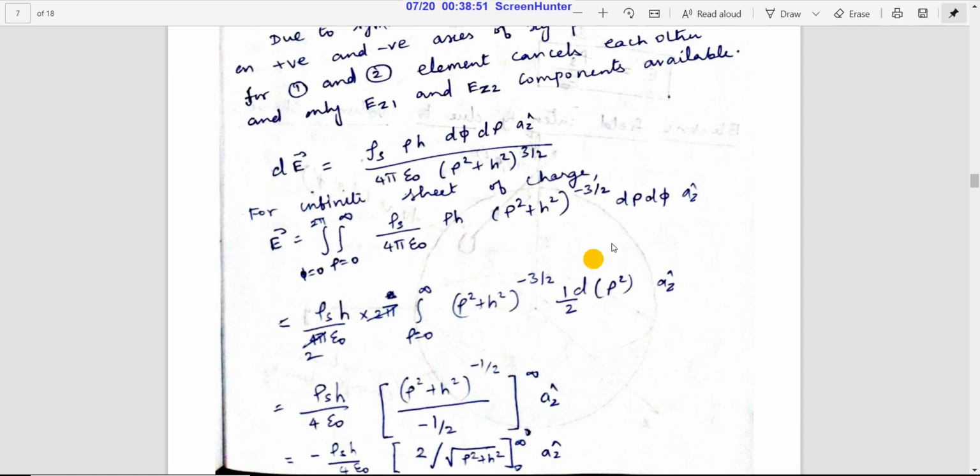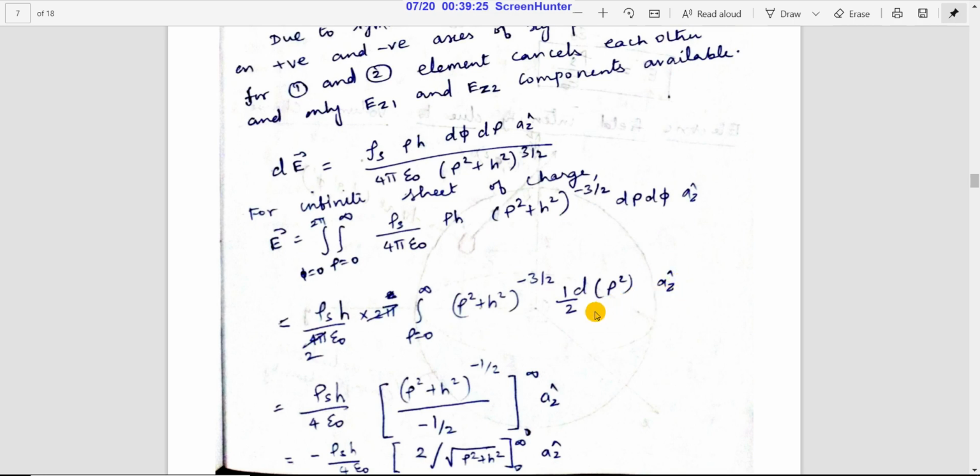So what we are going to do is make this d rho as d of rho square. If we make this d rho as d of rho square, we will have two additional terms. Rho is one additional term, and another term is going to be 1 by 2, because if you make this differentiation, we will have 2 into rho into d rho.